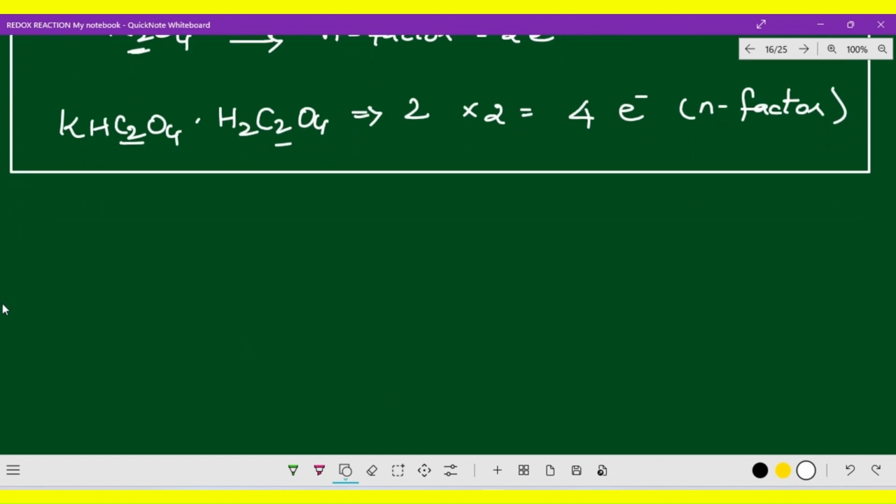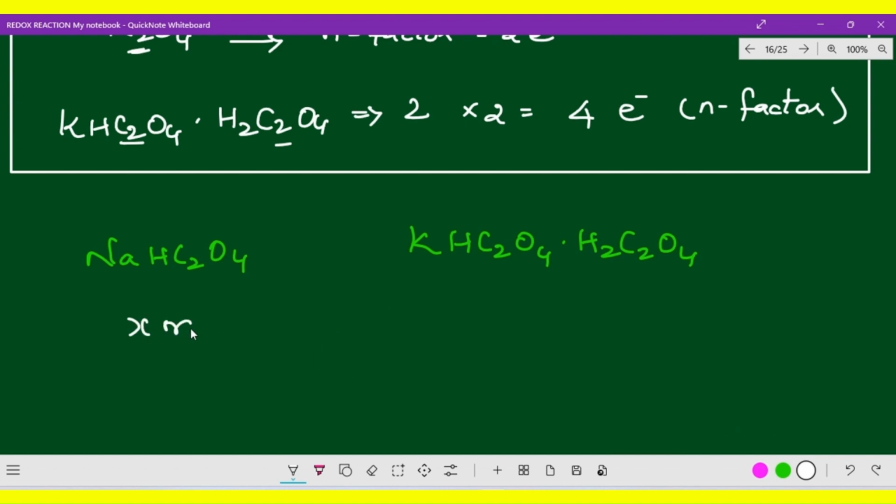Okay, now here I just change this. NaHC2O4 and KHC2O4 dot H2C2O4, these both are mixtures, right? So this one we can keep as X mole, because they are asking the molar ratio, no, and this we can keep as Y mole.